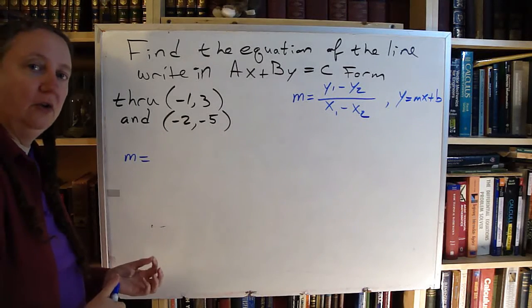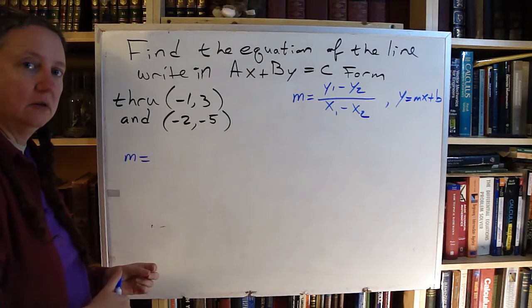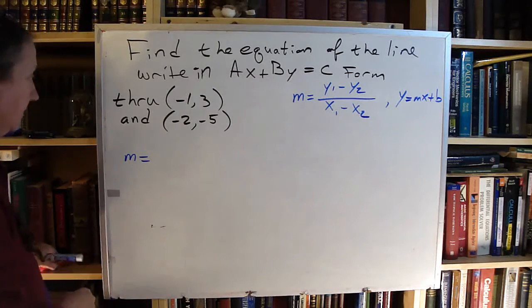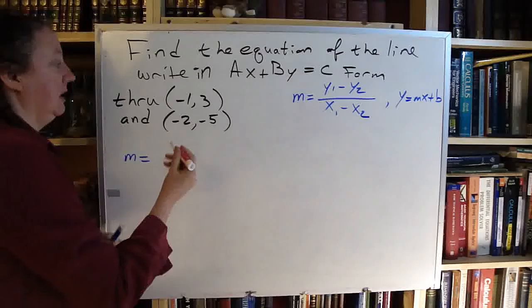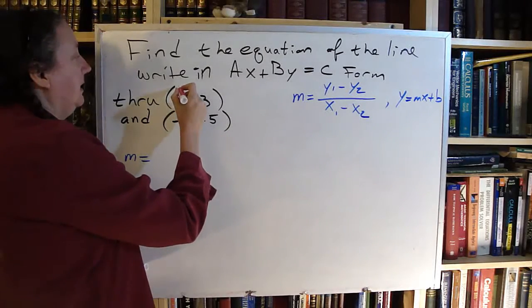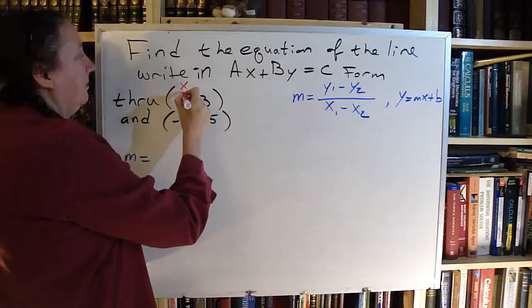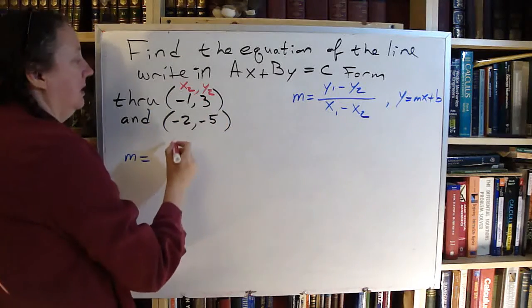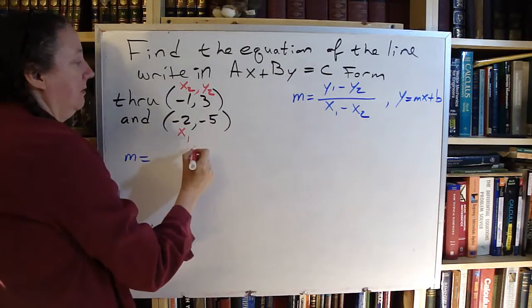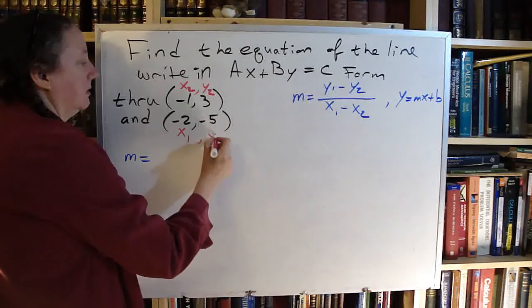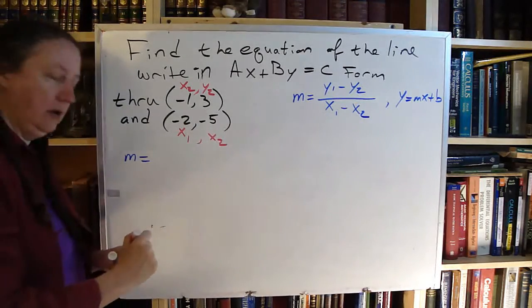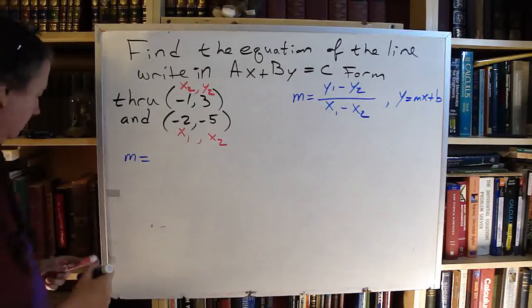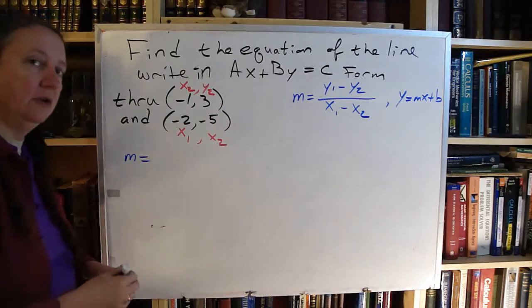What is your x? What is your y? Okay, you guys got yours picked out? I'm going to pick it different this time. I'm going to make the top one my second one, and I'm going to make the bottom one my first one. Why? Just because. Keep you guys on your toes.